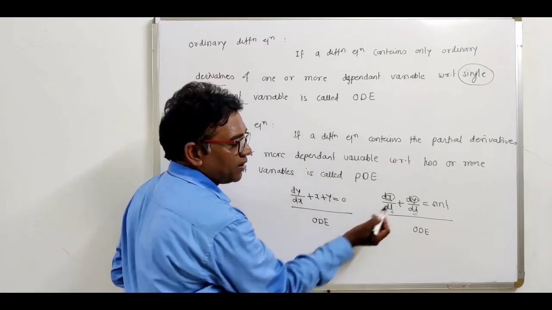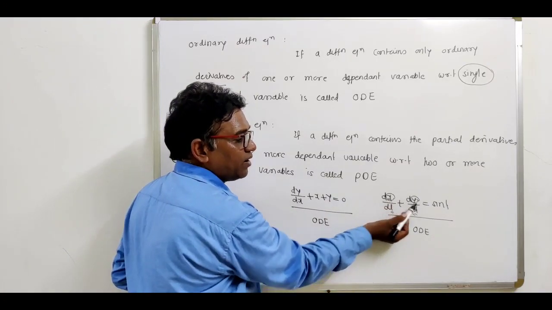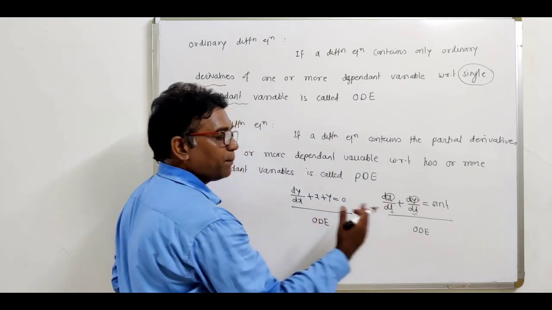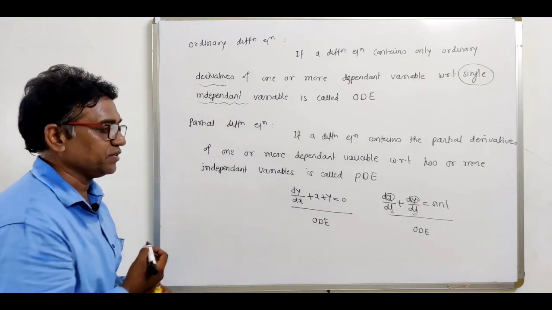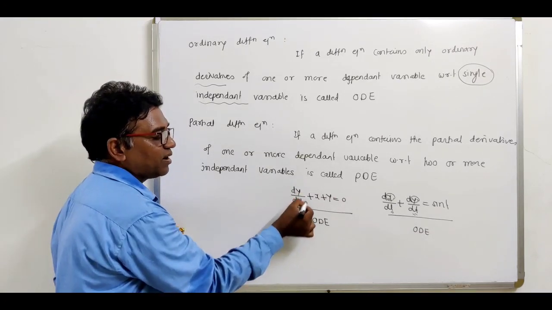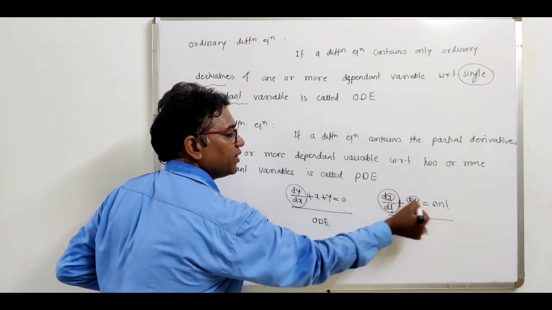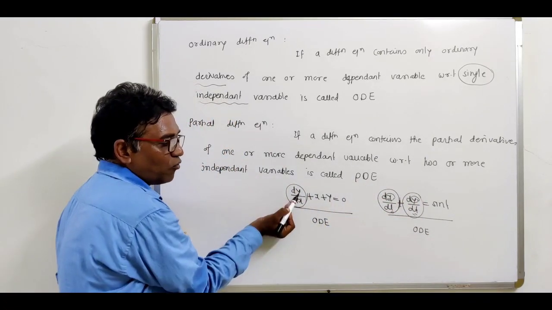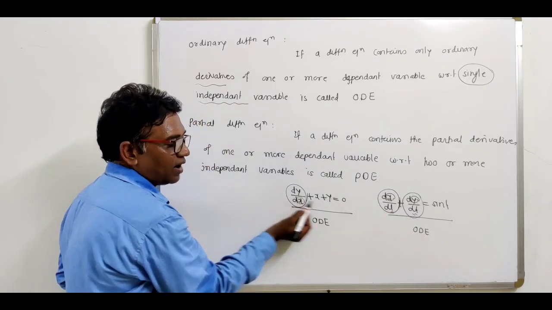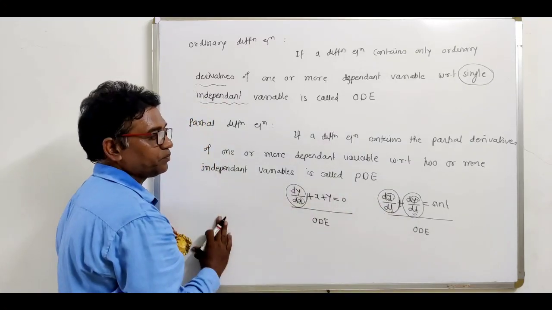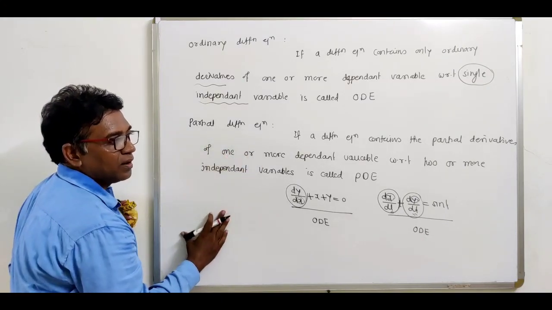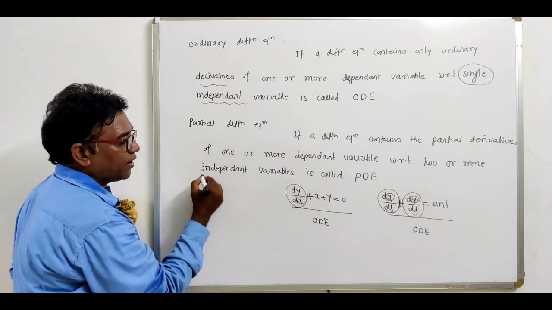But in the second example, we have taken 2 dependent variables and t as a single independent variable. So what is an ordinary differential equation? It contains ordinary derivatives of one or 2 dependent variables with respect to a single independent variable. But in a partial differential equation, there are 2 or more independent variables.